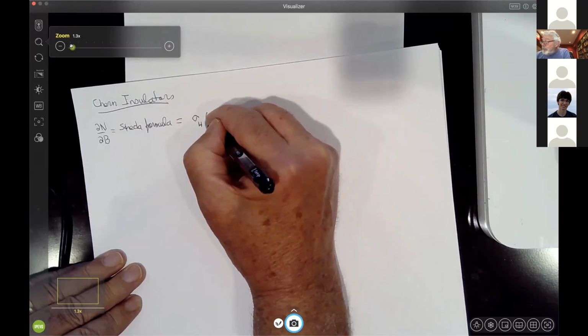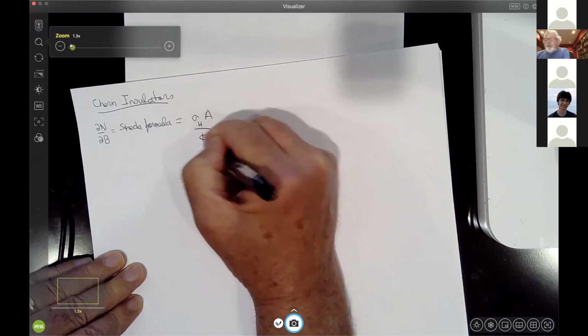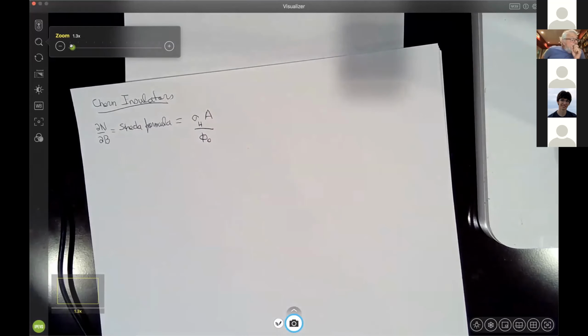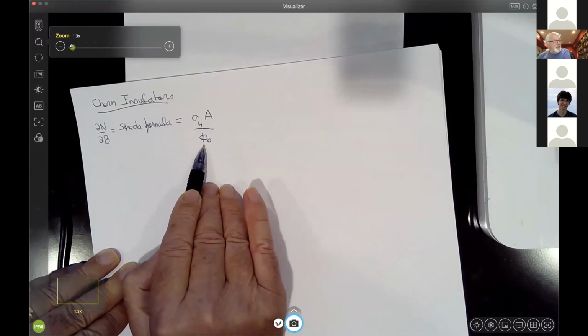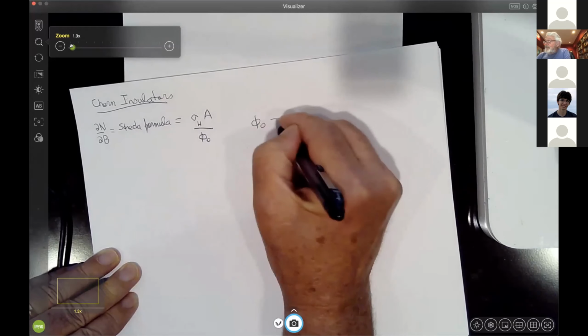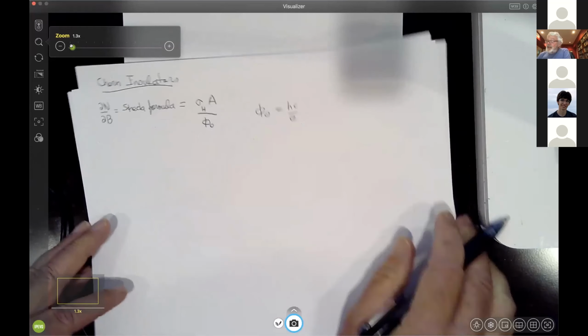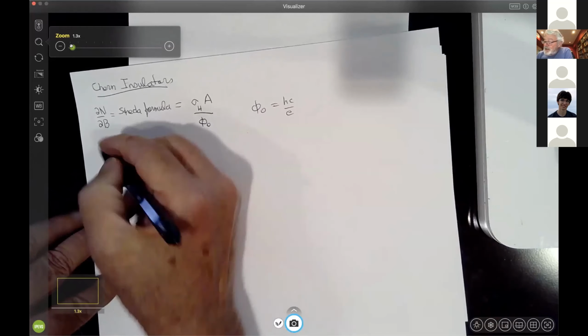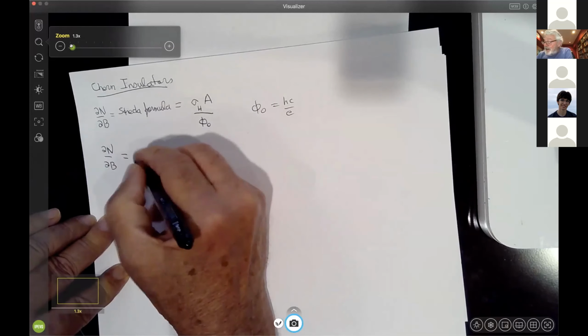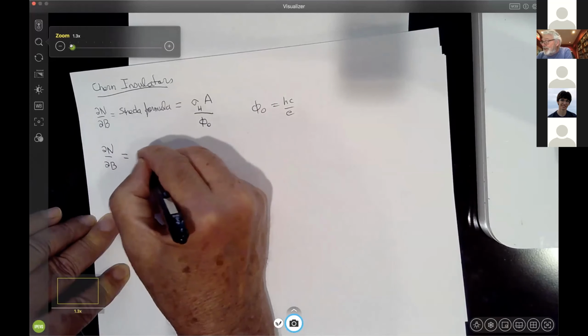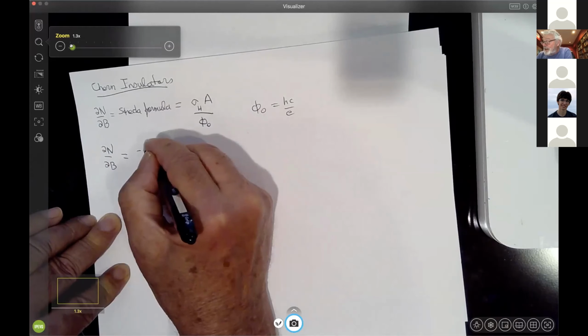And you can write the Streda formula that Leon derived last time in terms of the Chern number, or integer dimensionless Hall conductivity, area, and magnetic flux quantum. And so dN/dB is, of course, N. I'm just going to write down a thermodynamic expression for dN/dB.